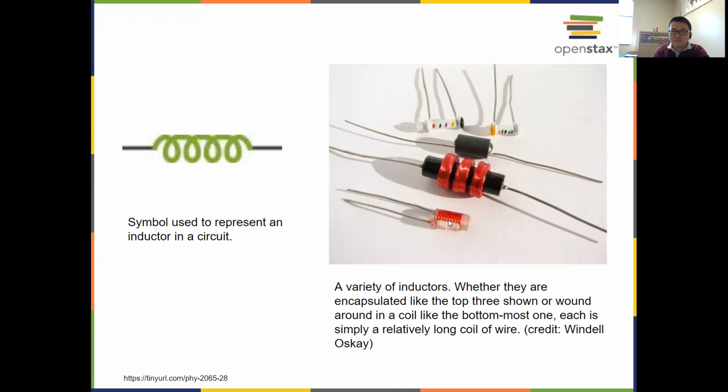You can see that the wire is wrapped into many turns, here and also here, and in this case it's covered by an outside insulator, and in this case also an outside insulator. In a circuit, this is the symbol you use to represent the inductor. It's a spiral shape, where the coils are stacking together.